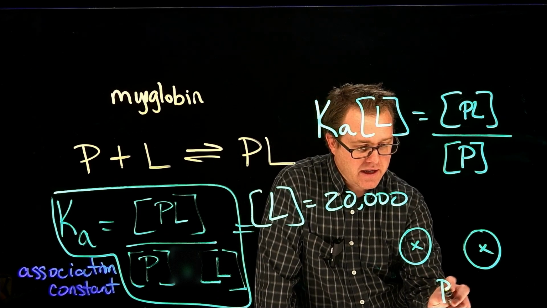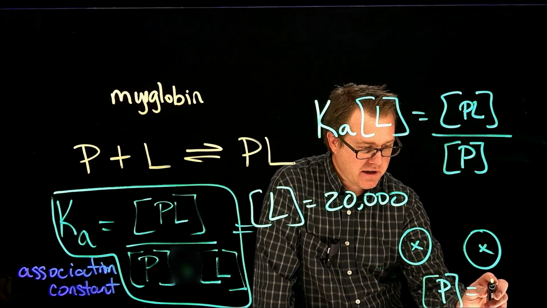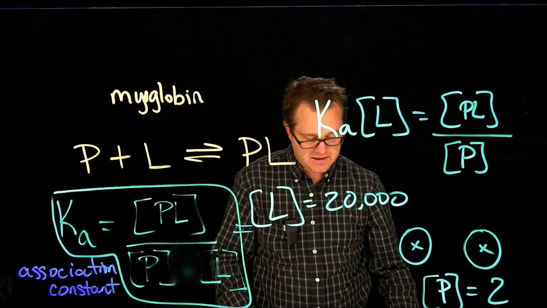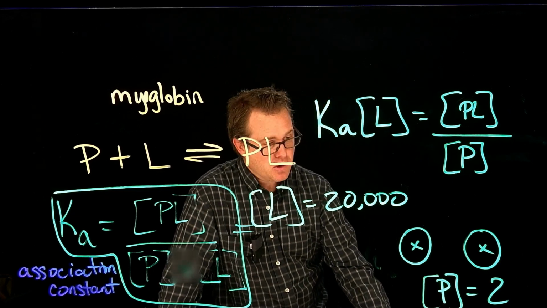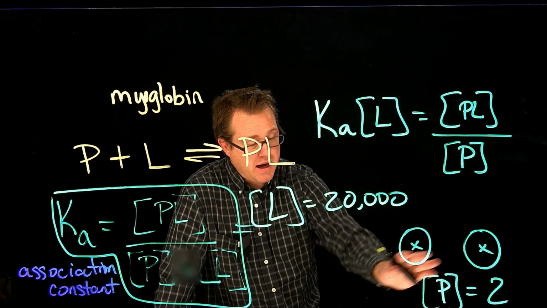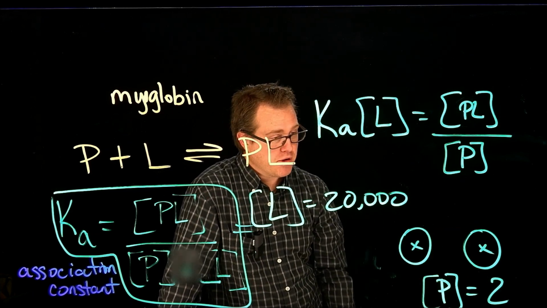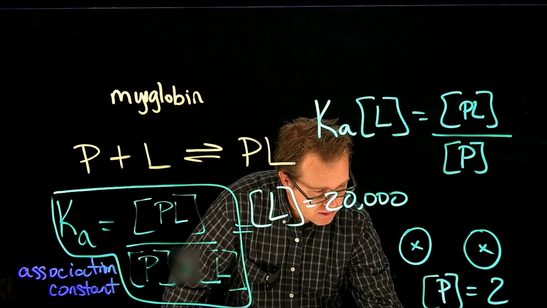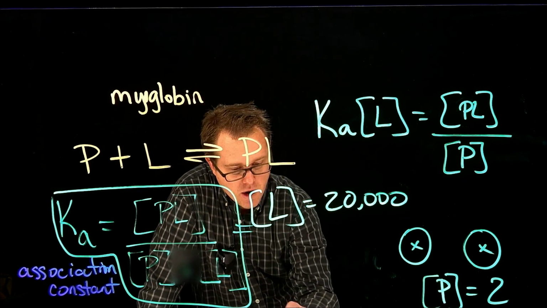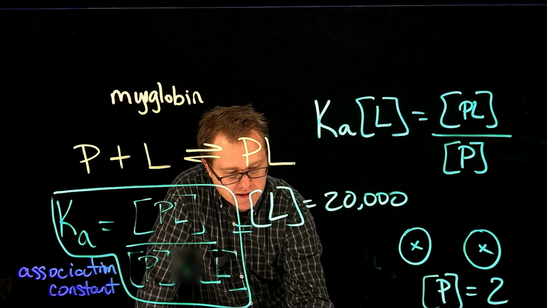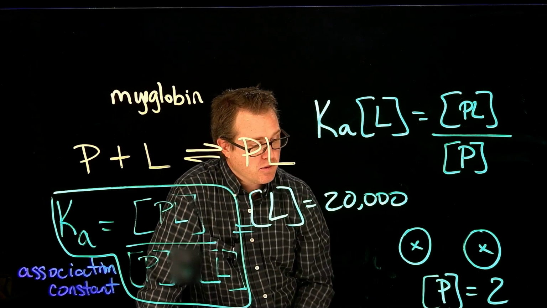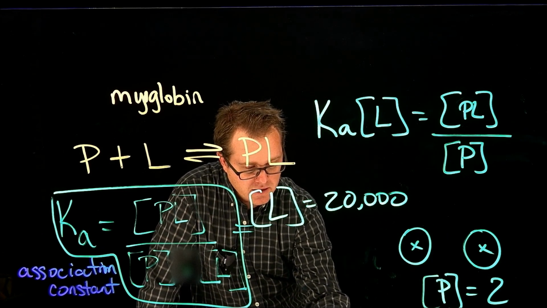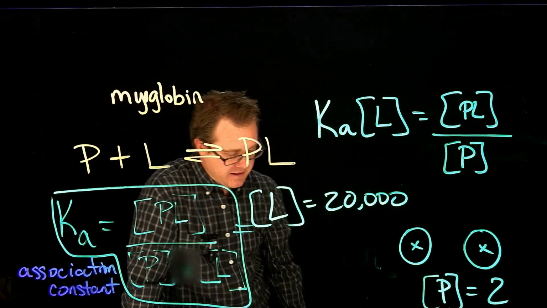And so our protein concentration is 2. We have 2 of them, but we have 20,000 ligands in our example. So when that ligand binds to the 2 proteins, what do we have? We'll have our protein with the ligand and another protein with the ligand. And then what would our concentration be now of the ligand if 2 react or bind to the protein? We're going to have 19,998, all right?